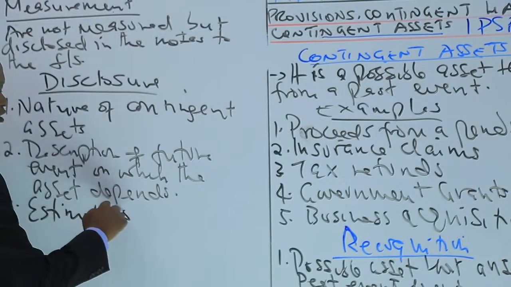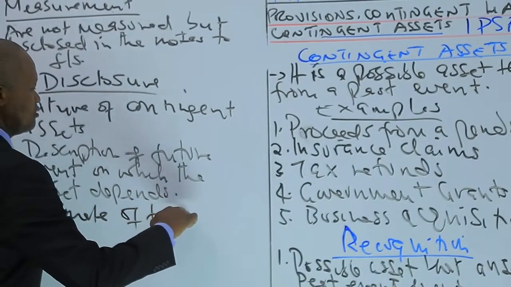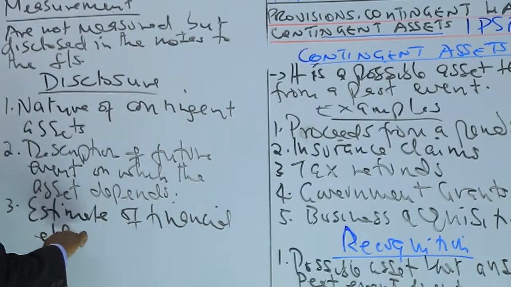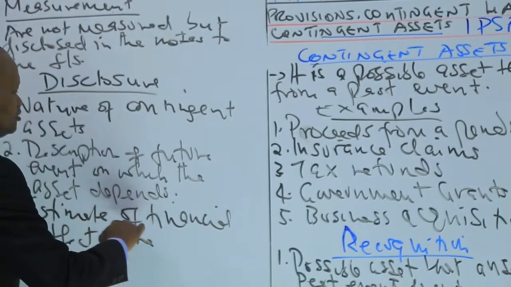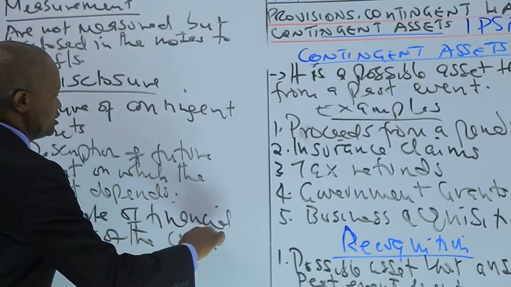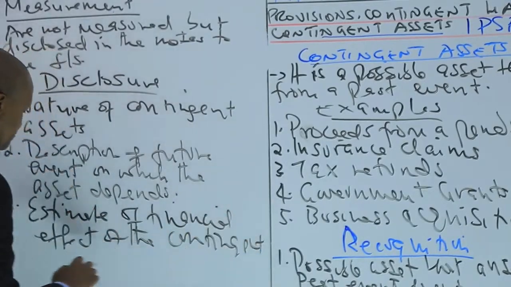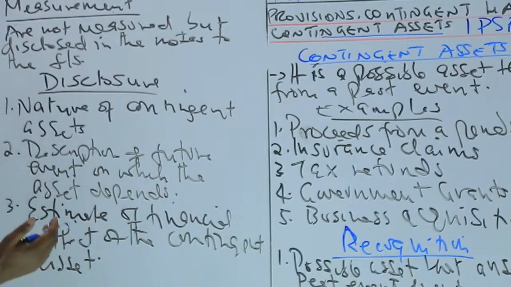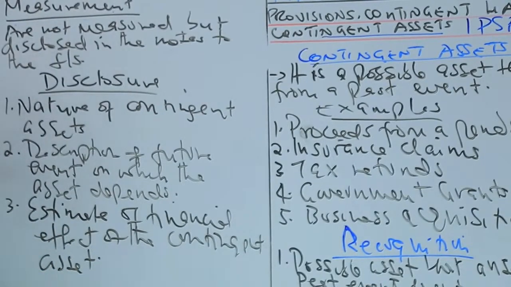The estimate of the financial effect of a contingent asset has to be disclosed if practicable.